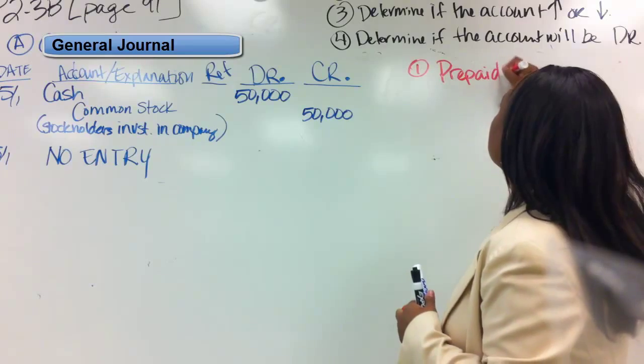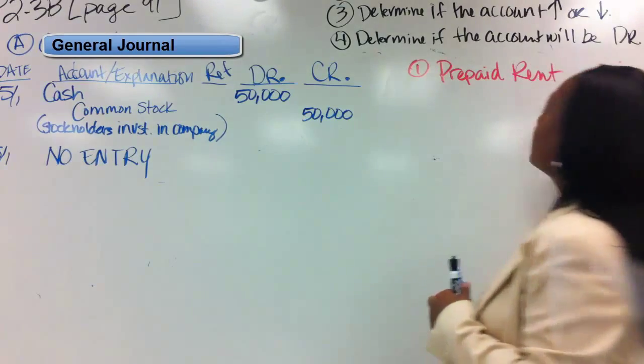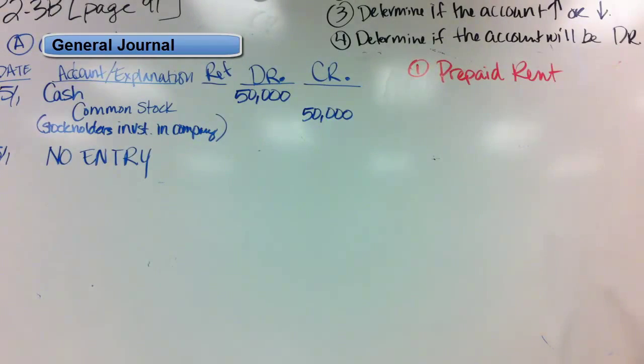Prepaid rent. It's not actual rent expense because we haven't actually used the actual space. However, we are actually paying cash on the first. So cash would be the other account name. No expense yet. Because time hasn't passed, we haven't actually used or benefited from that expense.